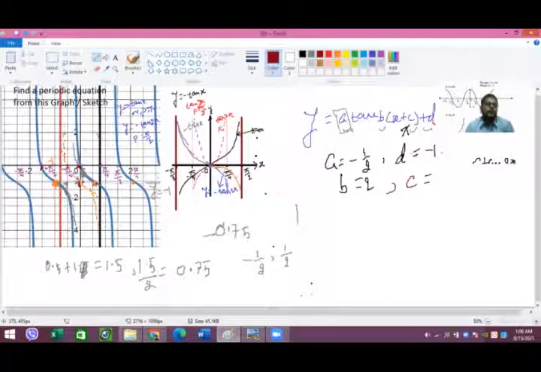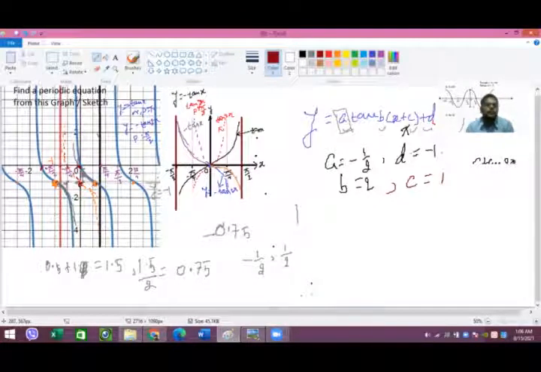But if you compare these two, how does it look? So about 0, this curve has been shifted half unit, 1 unit to the left. So when it is shifted 1 unit to the left, then the value of C will be +1. So left shifting means we take this value as plus.